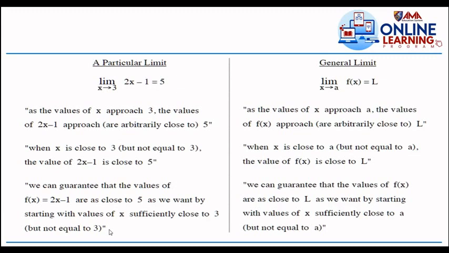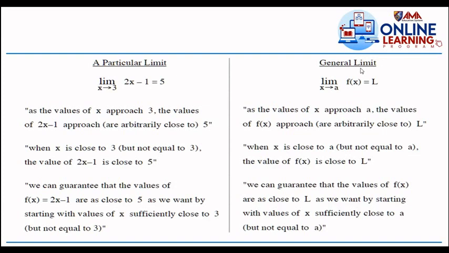So like what we do, if our limit is 3, we take values, for example 2.98, 2.99, 2.9999, right? Using the table method. On the right side, we have 3.01, 3.001, 3.0001. So as long as they are close and arbitrarily close to the specified limit. It is the same here, no?